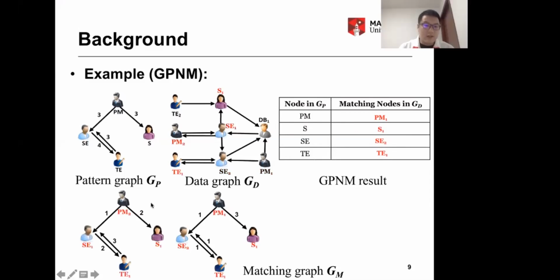And this is another matching subgraph. So PM2, SE1 become matching nodes of PM and SE respectively. As we can see from this example, in GPNM, we aim to find the matching node for each node in the pattern graph instead of the entire matching graphs.